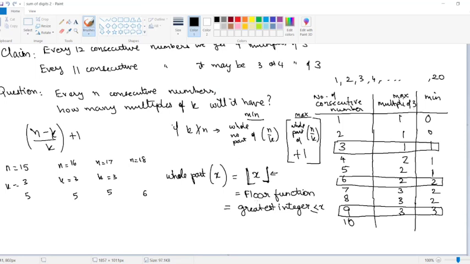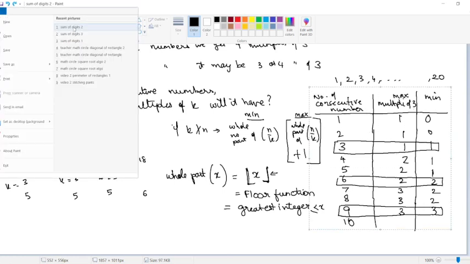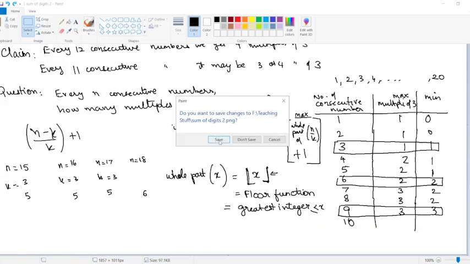So if we look at the first example, n is 1 and k is 3, right? So the floor is 0. That is why the minimum is 0. And the ceiling is 1. That is why the max is 1. The same case is with 2 also.